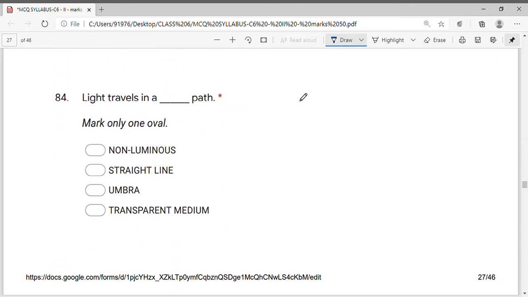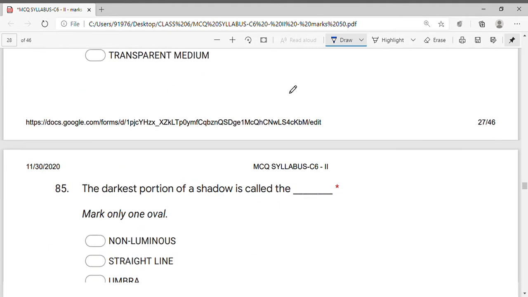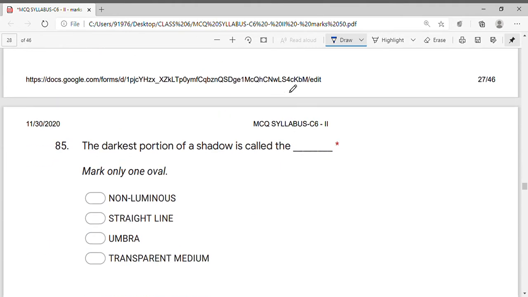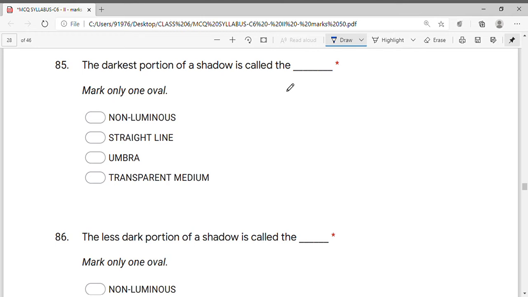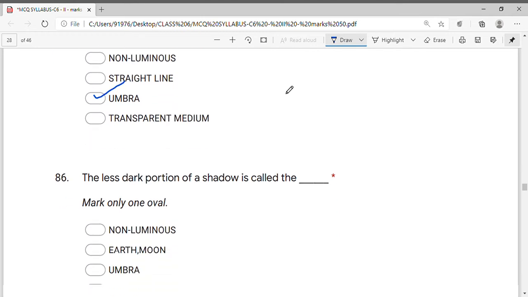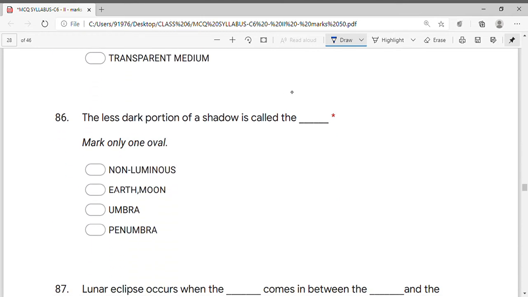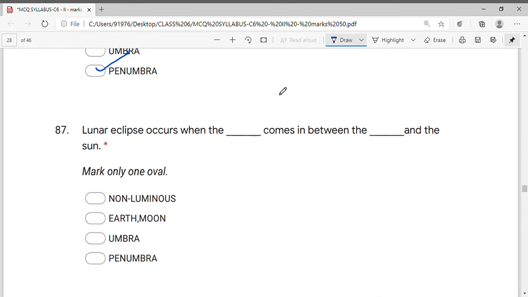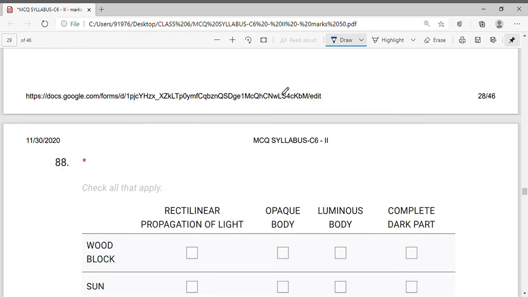Light travels in a straight line. The darkest portion of a shadow is called umbra. The less dark portion of a shadow is called penumbra. A lunar eclipse occurs when Earth comes in between the Moon and the Sun.